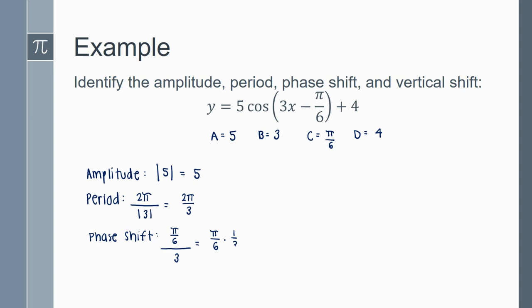The reciprocal of 3 is a third. Multiplying straight across, that tells me that pi over 18 is the phase shift. And then finally, we want the vertical shift, and that is just whatever your value of d is. In this case, d is 4. So there are the 4 things that they were asking for.